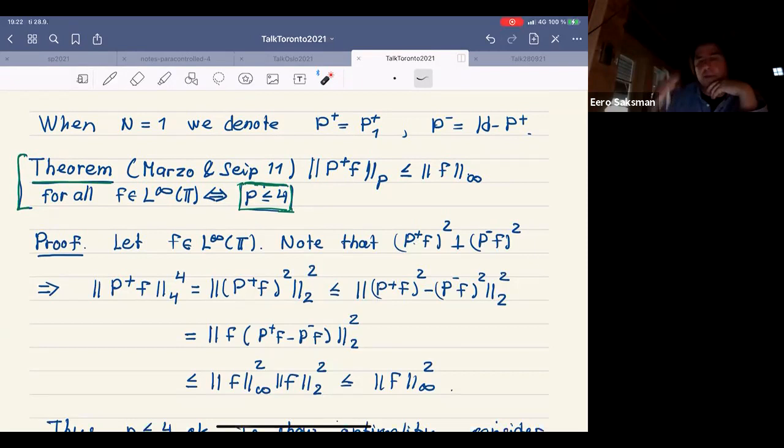But of course it doesn't matter if I change the signs of the Fourier coefficients, so equally well I can compute the L2 norm of f, which is certainly less than the L infinity norm of f. So after all, what we get... okay, so it's a cute observation.